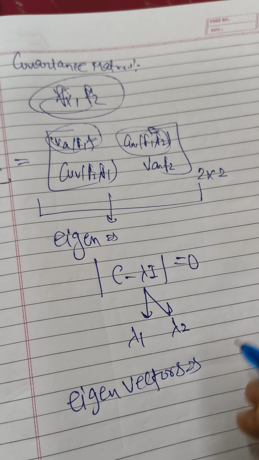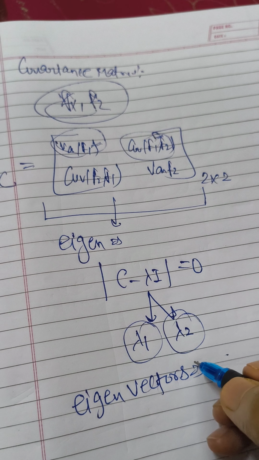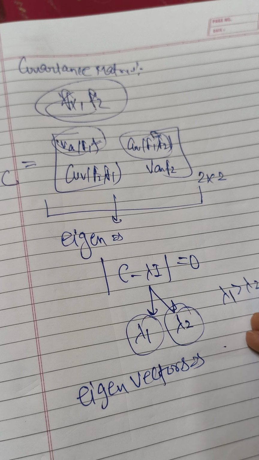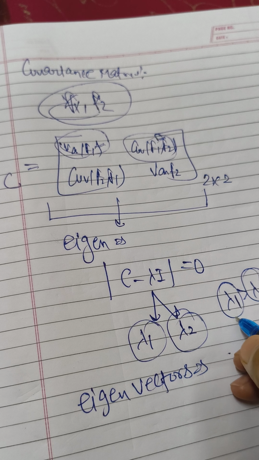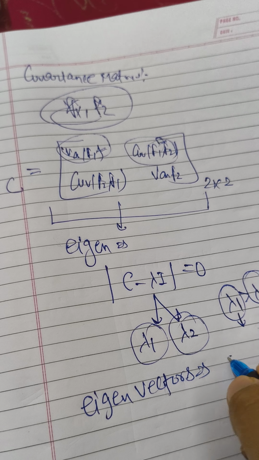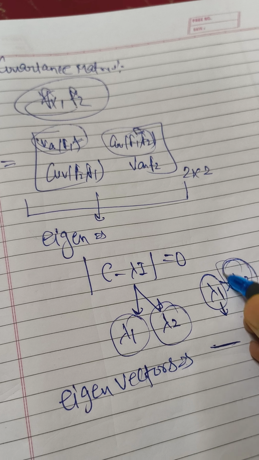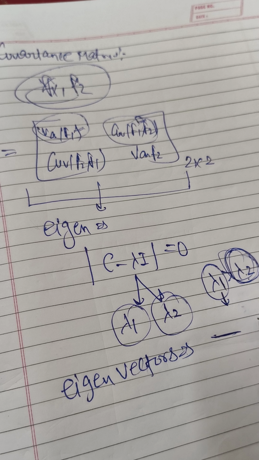Since there are only two features, we will get two eigenvectors for the values of lambda 1 and lambda 2. Now suppose lambda 1 was greater than lambda 2. Then we will observe that the eigenvector coming from lambda 1 has more variance in comparison to the one from lambda 2.